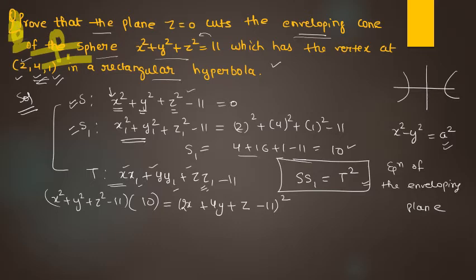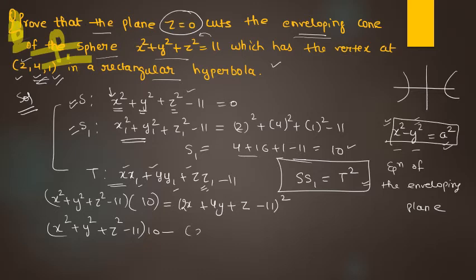You can bring this onto the left hand side so as to make this possible. We want the coefficient of x square and the coefficient of y square to be constant terms, because z is 0, right? So let's see how it will turn out. x square plus y square plus z square minus 11, into 10, minus 2x plus 4y plus z minus 11 whole square, right?